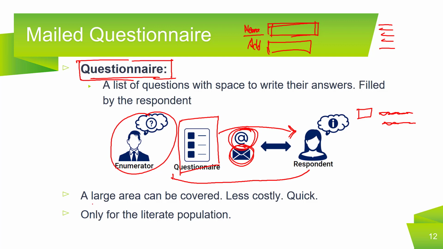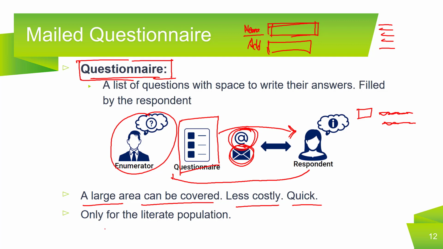Now the good things here are that a large area can be covered. It is very less costly and quick. Why quick? Because nowadays with modern technologies, with emails or with internet, you can send lakhs and thousands of these questionnaires to respondents instantaneously, and they can fill them and revert back to you within a very small amount of time.